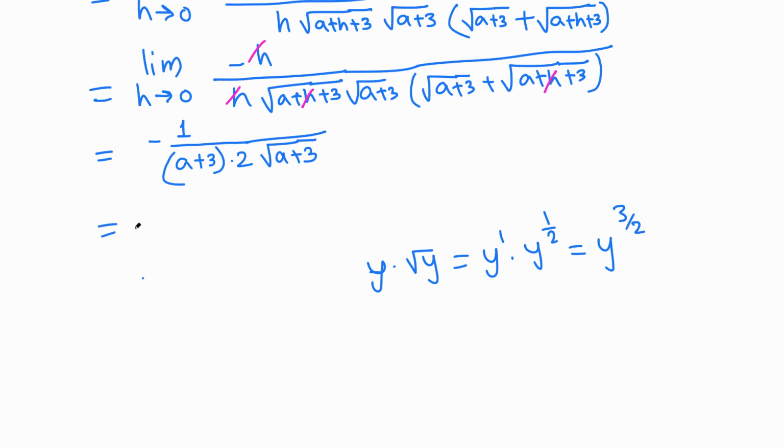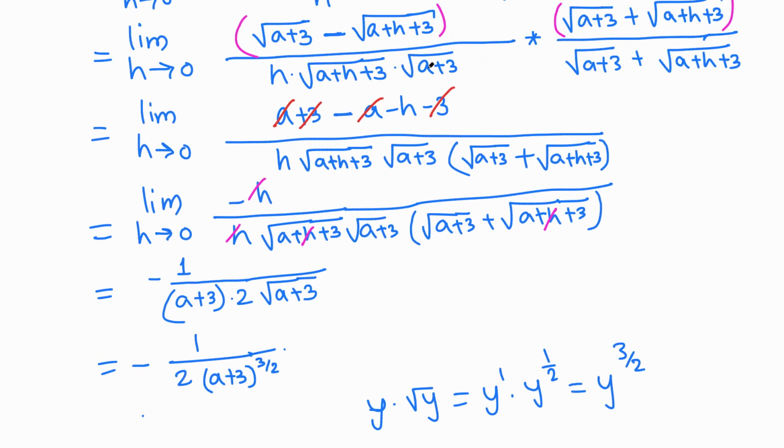So we have negative in the front, 1 over this 2. A plus 3, 1 copy, a plus 3 to the quantity 1/2, like this. So a plus 3, how many copies? 3/2. Final. Or you may leave it here, just writing 2 in the front: negative 1 over 2, a plus 3, root a plus 3. Okay, it's not easy, it's long. Done.